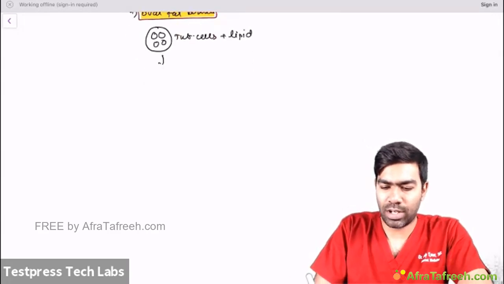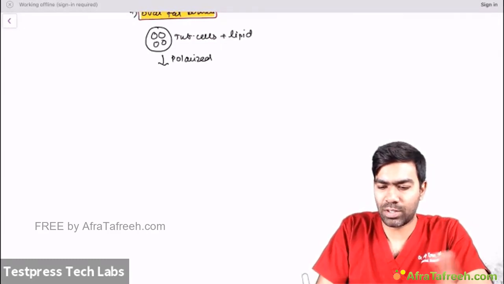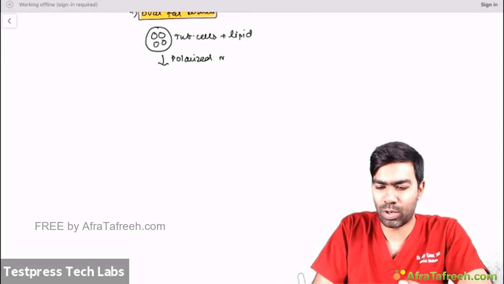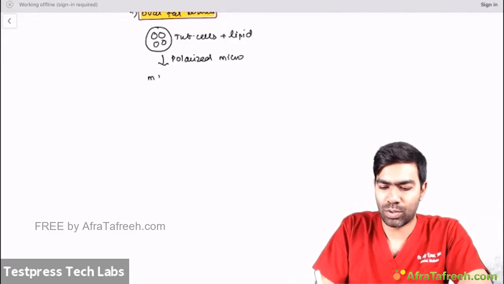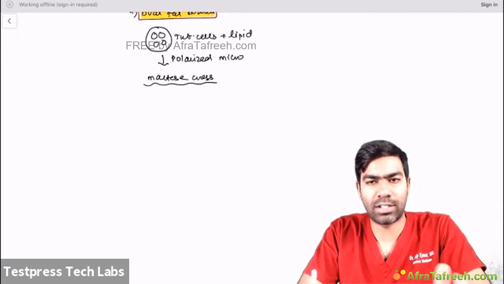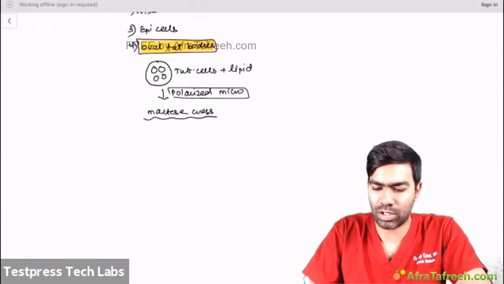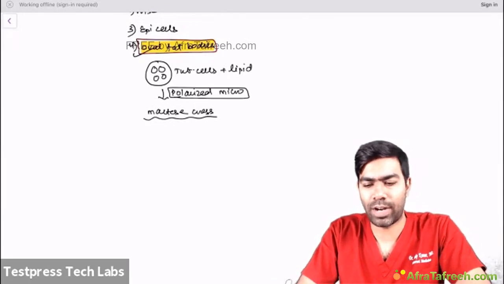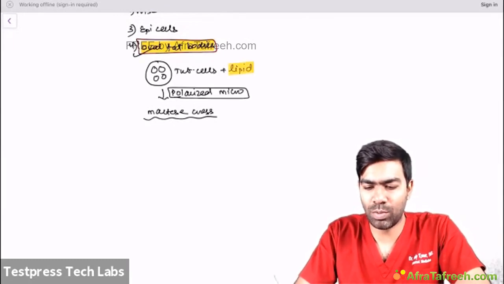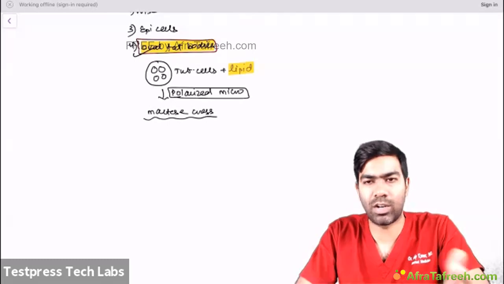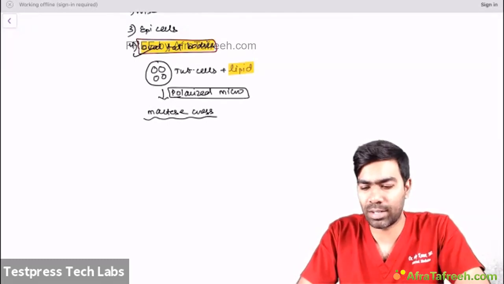And more importantly, in a polarized microscope, they show a multi-cross appearance. Whenever in polarized microscope you get a multi-cross appearance, that is suggestive of an oval fat body, which means that these are tubular cells that are shed down and contain increased lipid droplets.